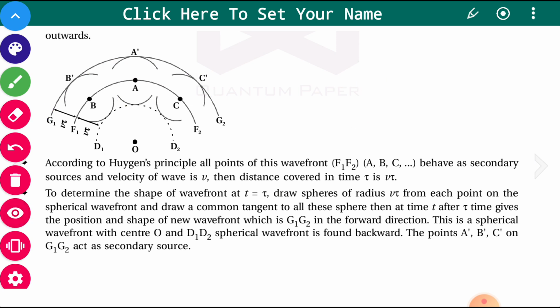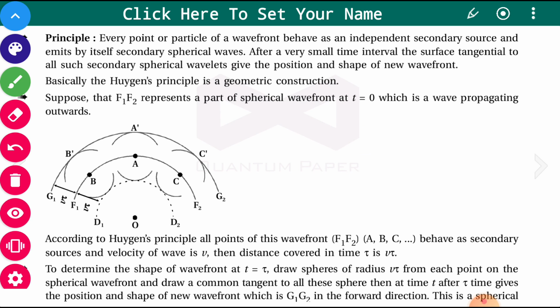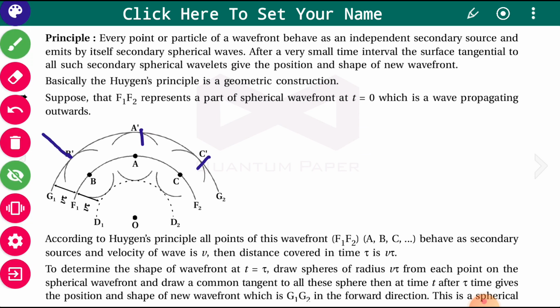If you want to draw another wavefront, again take the centers as A prime, B prime, C prime, with v tau as the radius, and that will give you the new wavefront. This way the geometrical construction can be done and the new wavefront can be drawn.